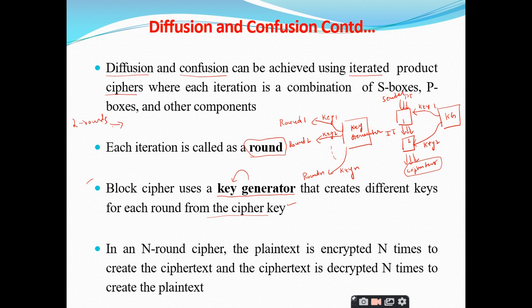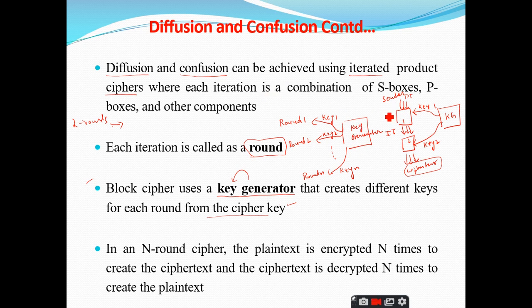If I have only 2 rounds, how many encryptions would I have performed? 2, right. Similarly, at the receiver side, you also have 2 rounds which are used to decrypt. That means you will take the same keys in the reverse order.